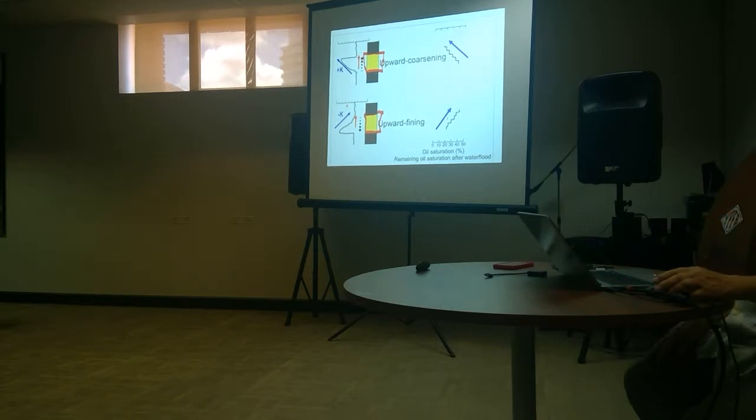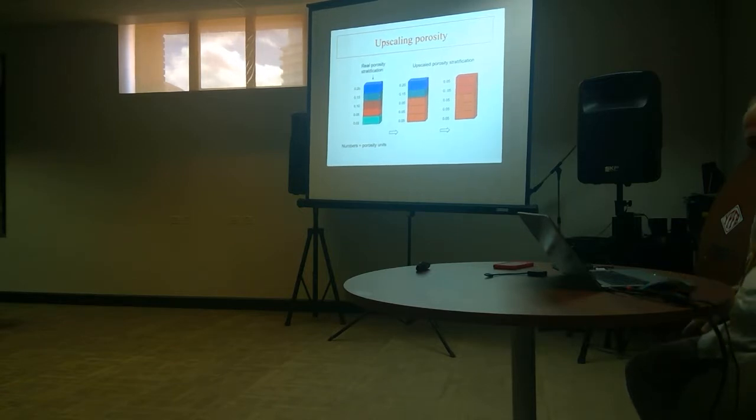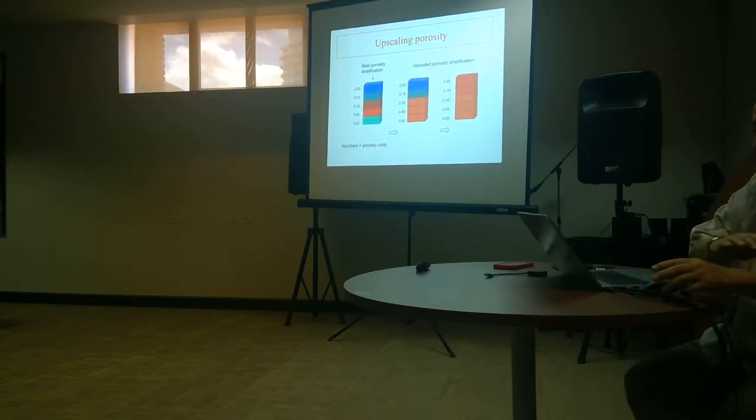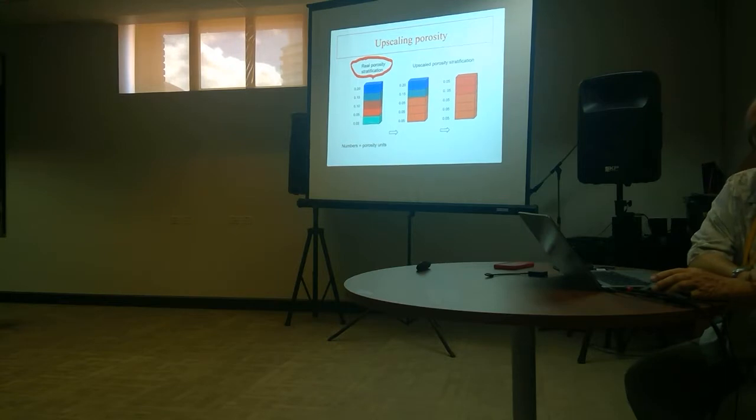So what do you do when you upscale? You may start out with something like this, for example. Now this is a case for just porosity, not permeability, but the same principle applies with permeability. This may be your real porosity stratification in your reservoir.